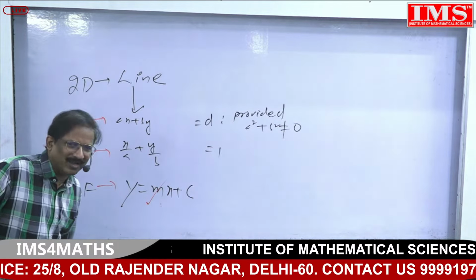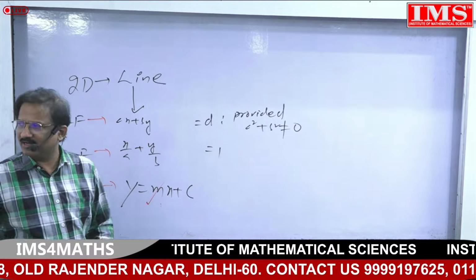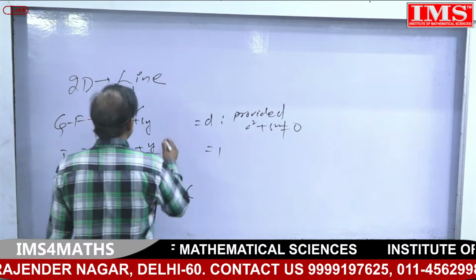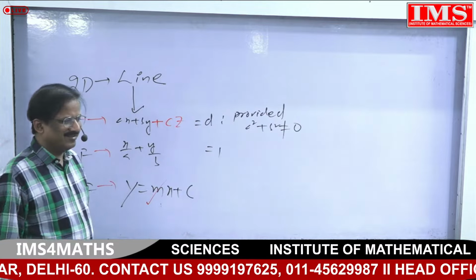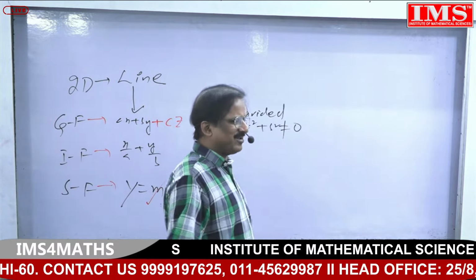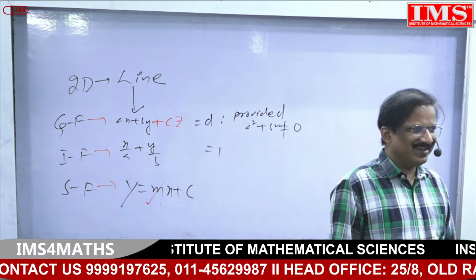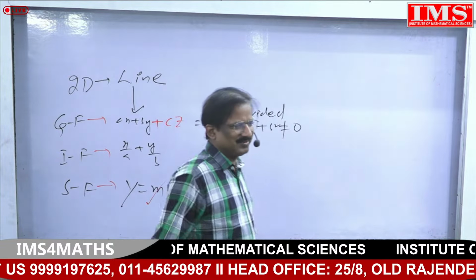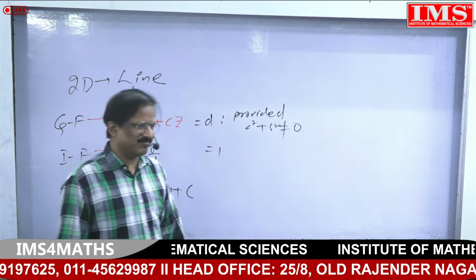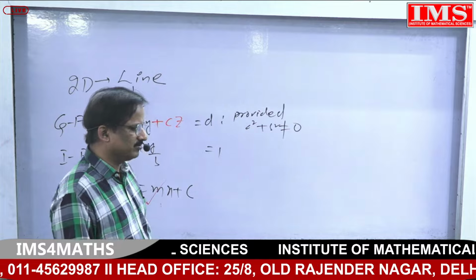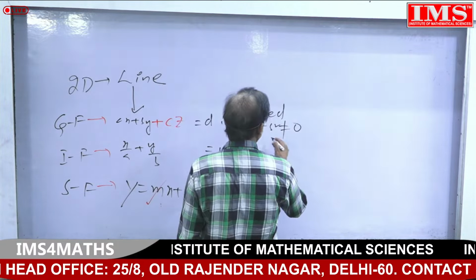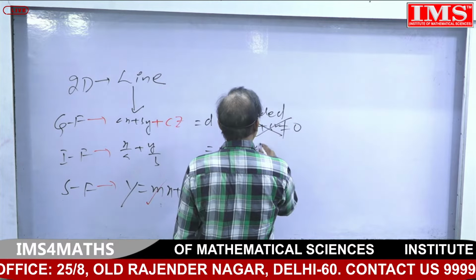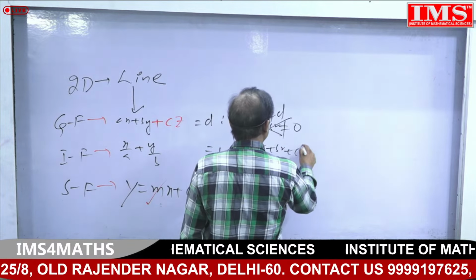But when I add one more coordinate, z, it becomes a plane surface. It is not a line now. Then what is my condition to be provided? I can provide a square plus b square plus c square is not equal to 0.